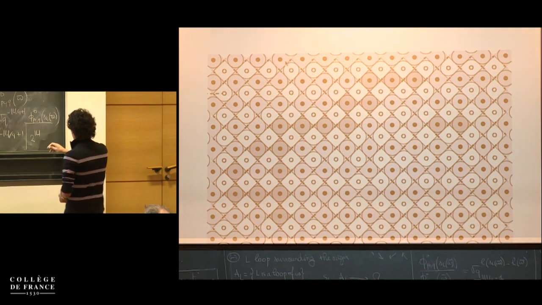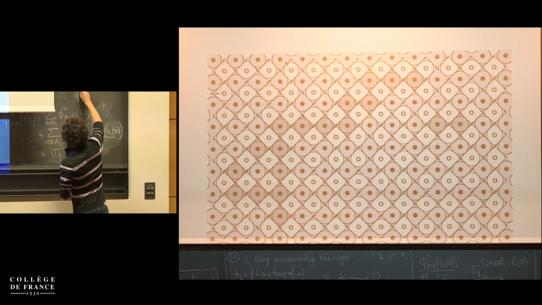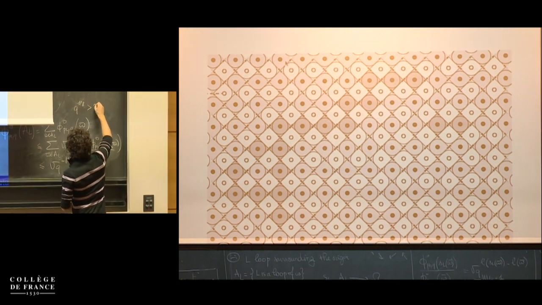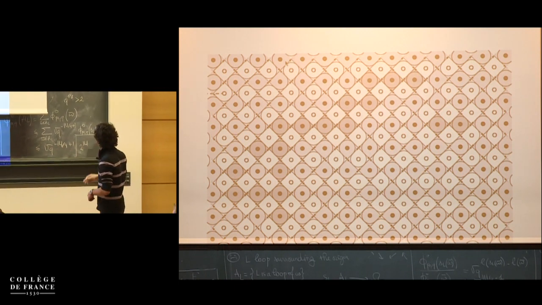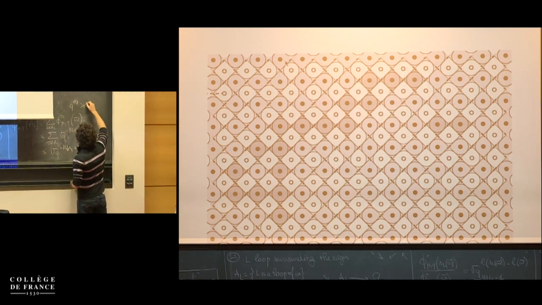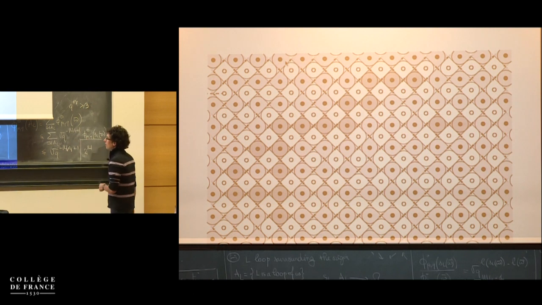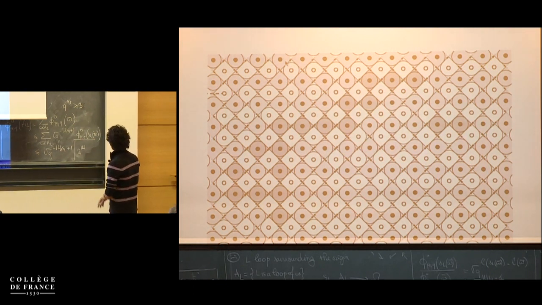And this will happen as soon as Q to the 1/8 is bigger than 2. But I said 3 earlier, I don't know why I put 3. If you bound even more crudely the number of loops by 3 to the length, you get exactly your 65, 61.